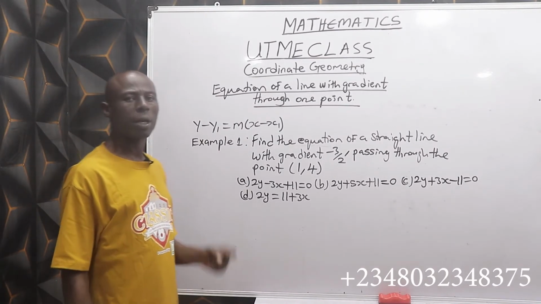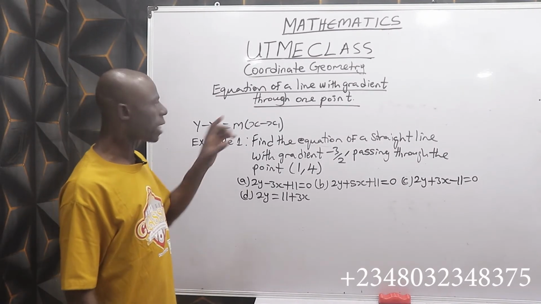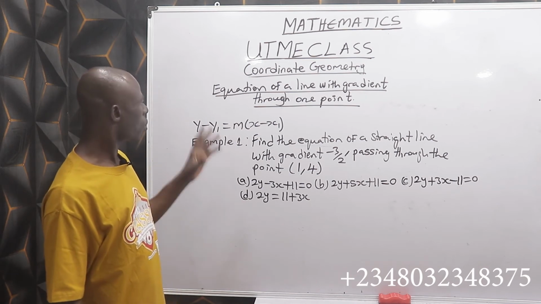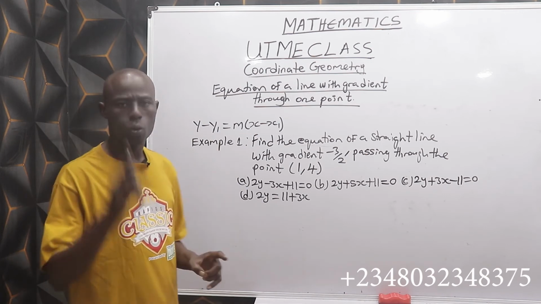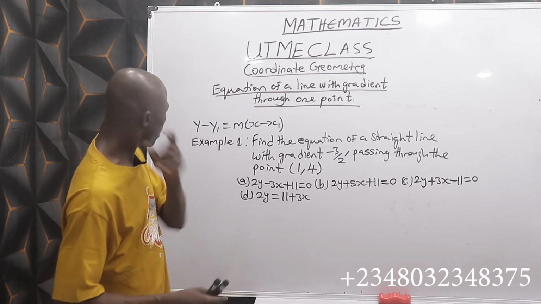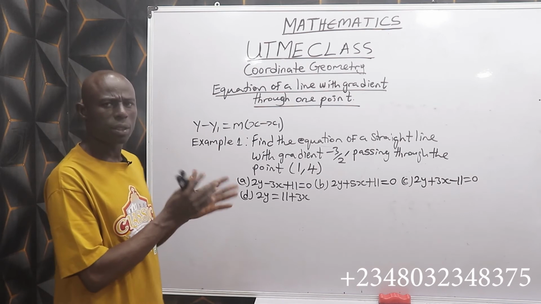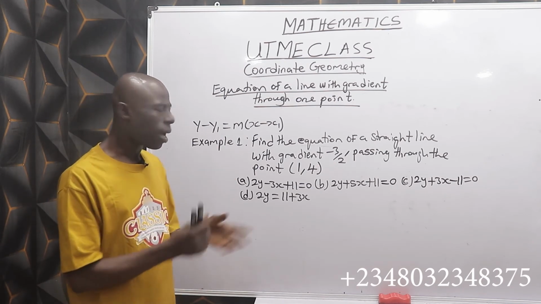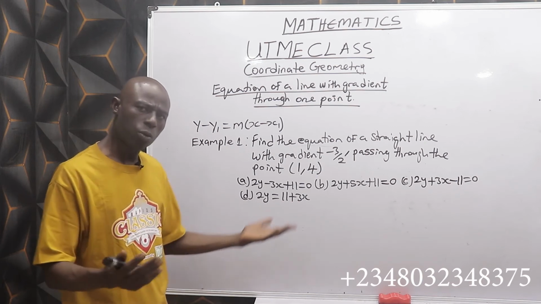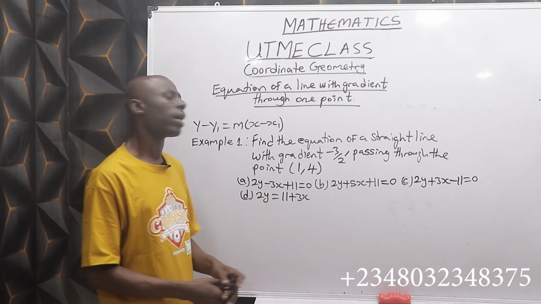We come to another concept, yet under coordinate geometry. The concept is equation of a line with gradients through one point. That is to say, in this concept, one point will be given and the gradient will be given, then we'll be asked to form the equation of the line.